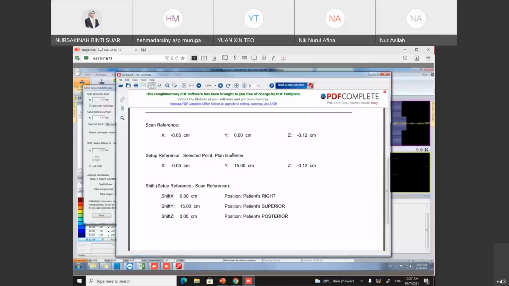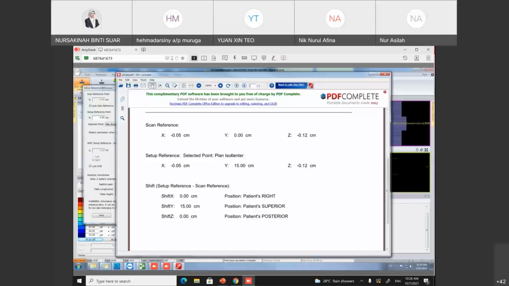There was an incident at our center where the physicist selected a different point for the plan isocenter. So when they did the treatment verification, the port film and the CBCT that I mentioned just now, they found the patient plan and the patient position were different.